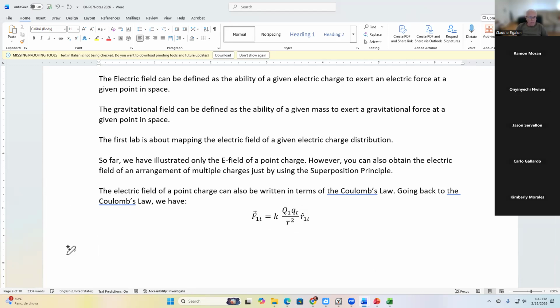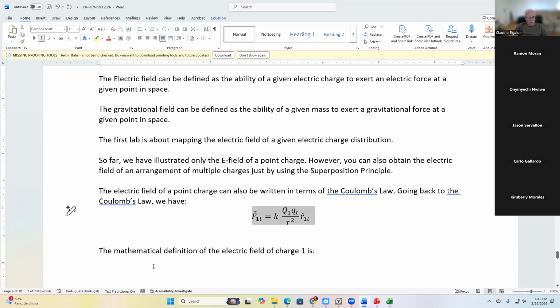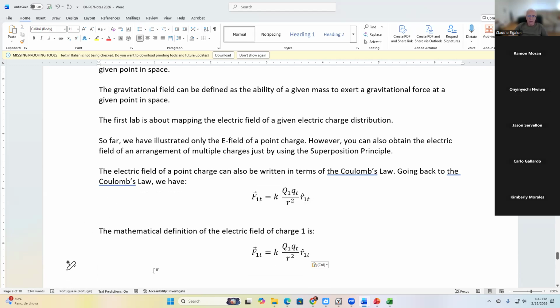The mathematical definition of the electric field is, okay? When I say the electric field of charge 1, what is that? We're going to use this notation here.